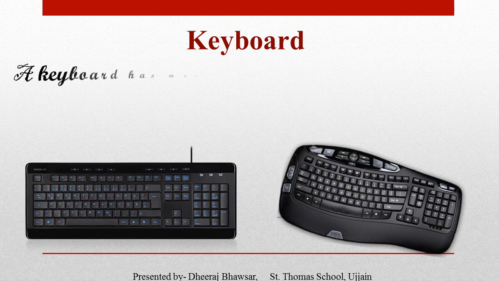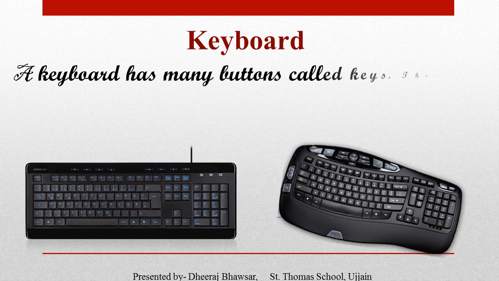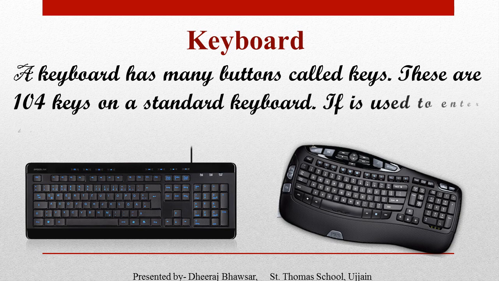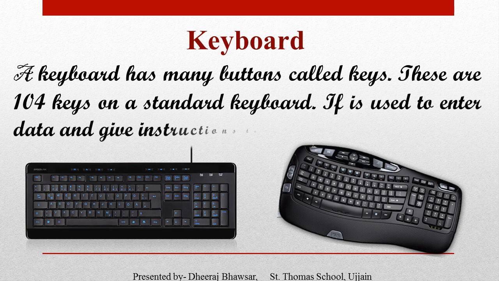A keyboard has many buttons which are called keys. There are 104 keys on a standard keyboard, and it is used to enter your data and give instructions to the computer. And the keyboard looks like this.